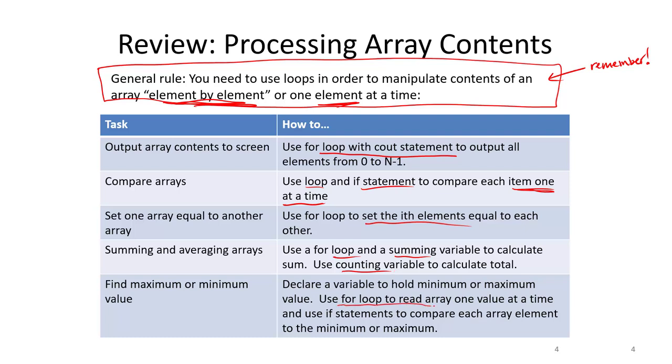We use a for loop to read our array one value at a time, and then use if statements to compare each element in that array to the minimum or maximum. Often it's also convenient to use the very first item in the array as our initial minimum and maximum value. That way you can compare all the other values in your array to that very first value.